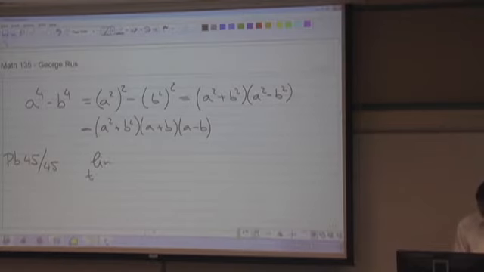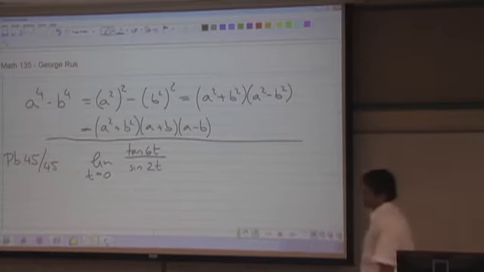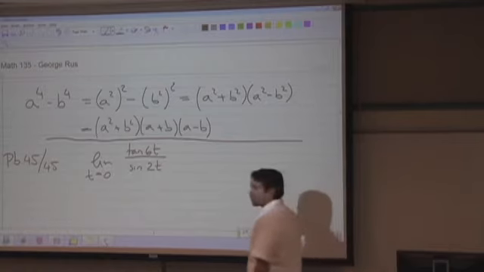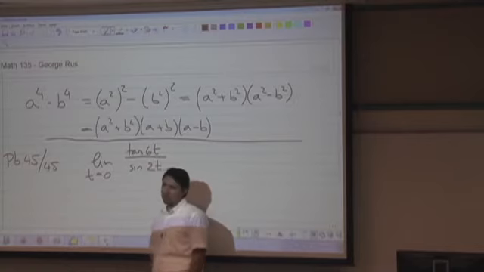So, okay, the limit as t goes to 0 of tangent of 6t divided by sine of 2t. Okay. So what do we do with this limit? Well, as I said, first and foremost, what you want to do is see what happens when you put in 0 for t.